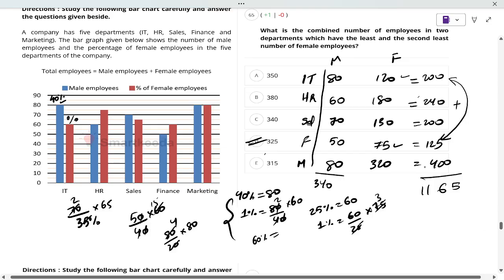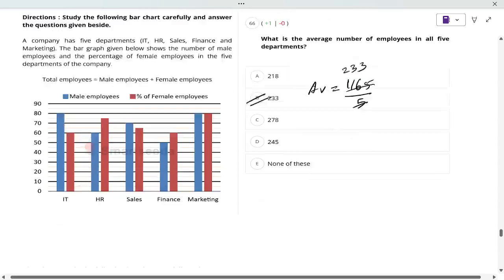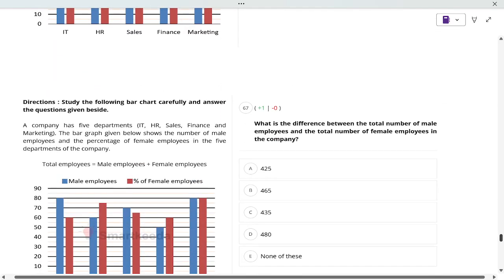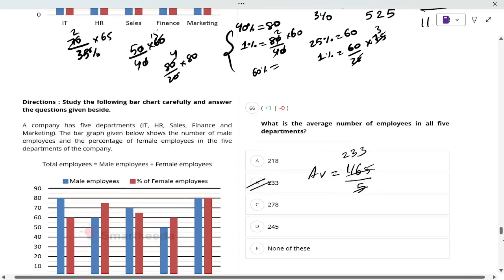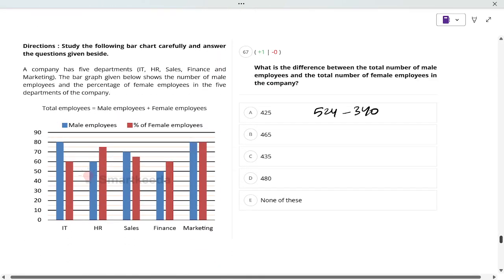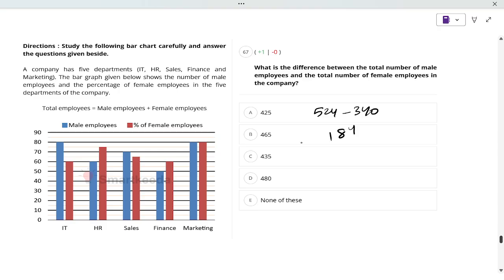Now for the female, the total will give us 5 here, and then 10, 20, and 2 in hand, so 525. 525, 340 if I'm not mistaken. Let's check. Yes, 340. So if we subtract it, this will give us 184.